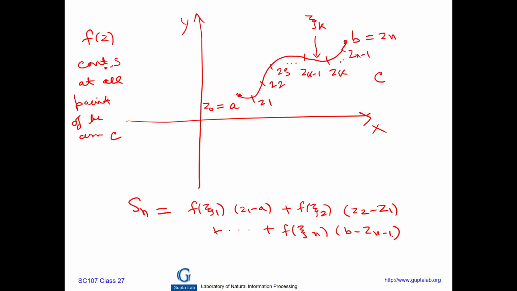Remember, I want to define the line integral along a curve C. We have that Riemann sum idea in our hand: you compute the value of the function at that point times the subinterval, and then compute this sum. Same idea, we are copying it here.